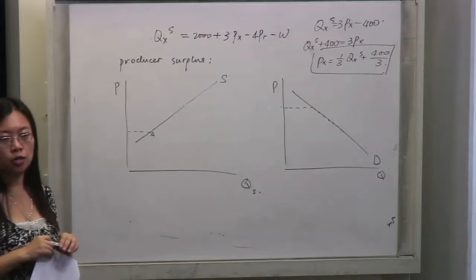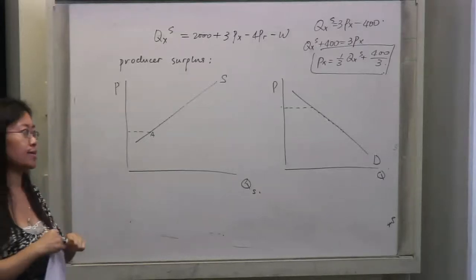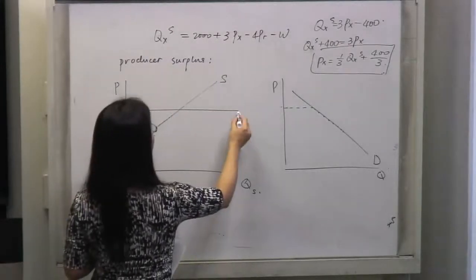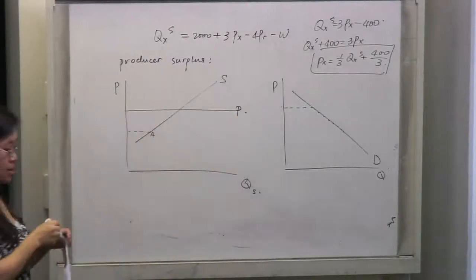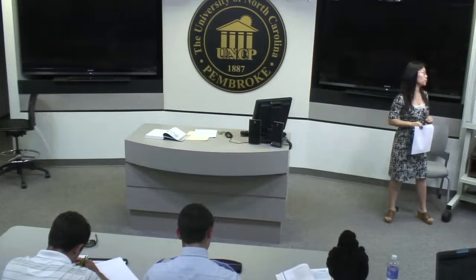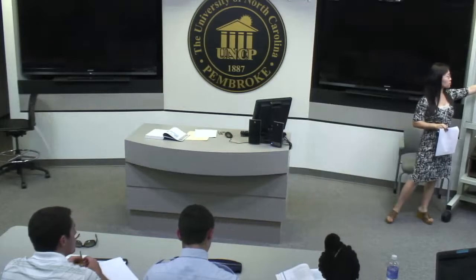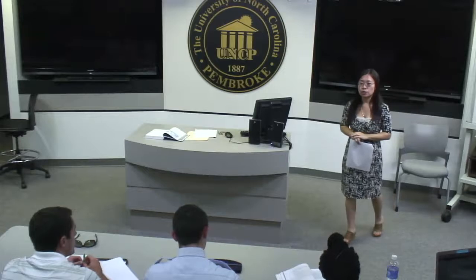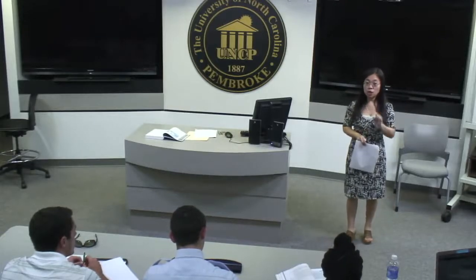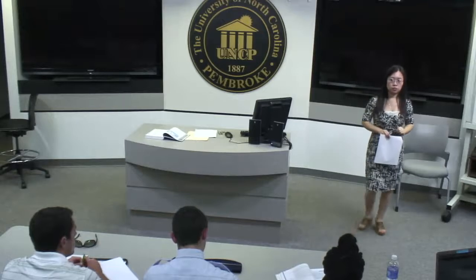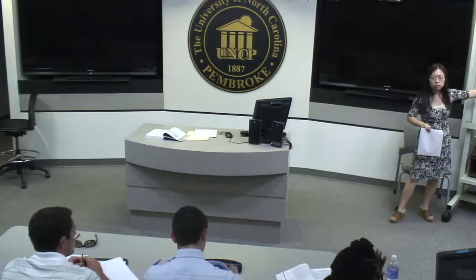Alright, so now let's say we have a market price. It's right here. This is how much the firms can sell the good at. Which firms are going to participate in this market, which means which firms are going to produce and sell?